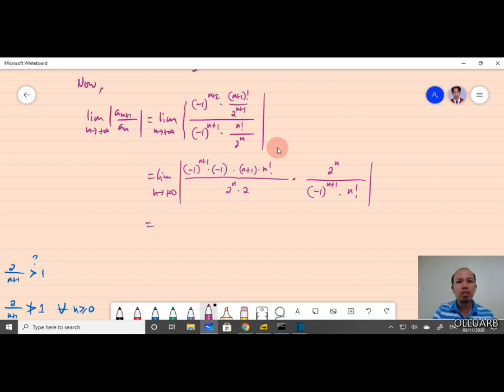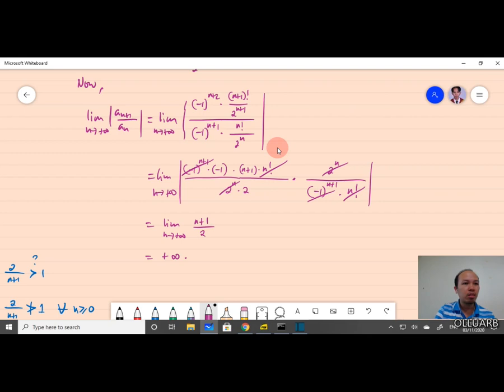So what happened here? We can cancel out this one, and this one also. Then the absolute value of a negative is positive, so we have n plus 1 over 2 as n approaches positive infinity, and we know that the limit of this function is positive infinity.